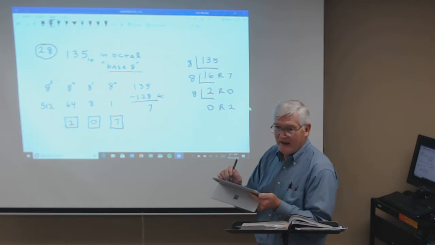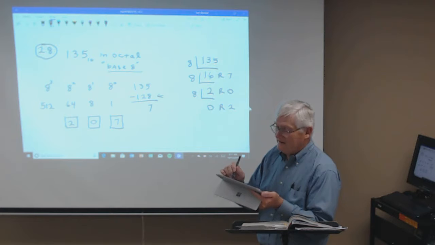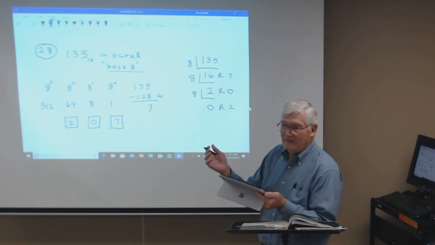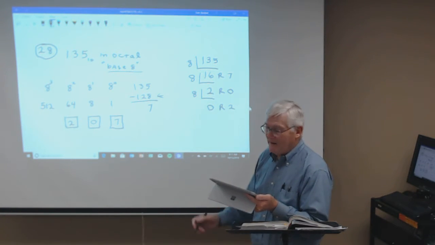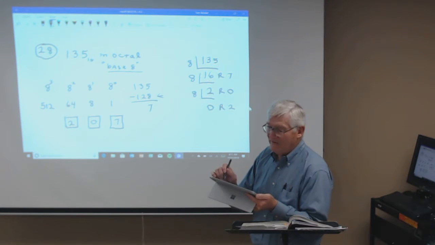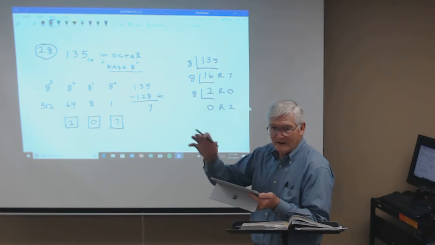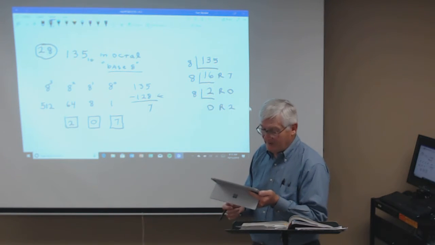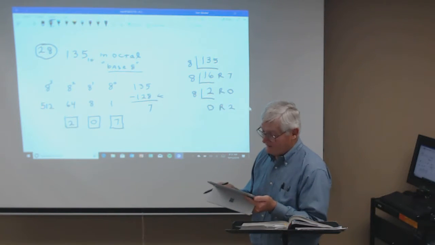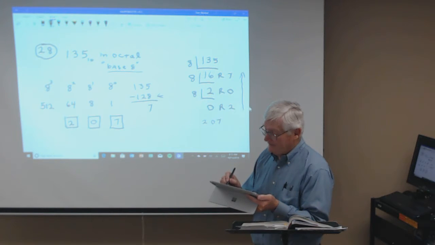You put the 16 down there, and then you go back and take 16 times 8, and what do you get for an answer? 128. Then you subtract the 128 from 135, and you get 7 for your remainder. You follow where you're doing it twice with your calculator? Sometimes you can do it in your head, and sometimes you have to work it out on paper. So the answer is, reading up, 207 in the base 8.